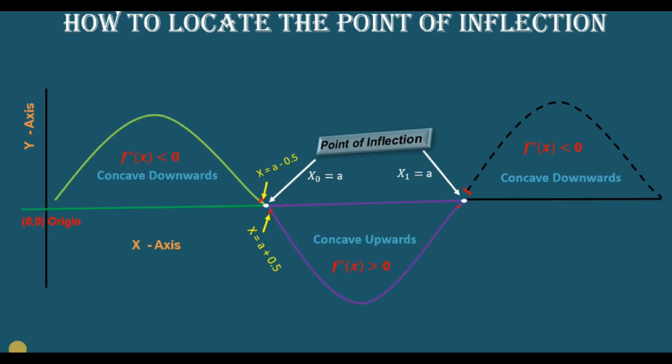If the signs of these 2 points are opposite to each other, which means either negative and in the second half positive, then that point will be the point of inflection.